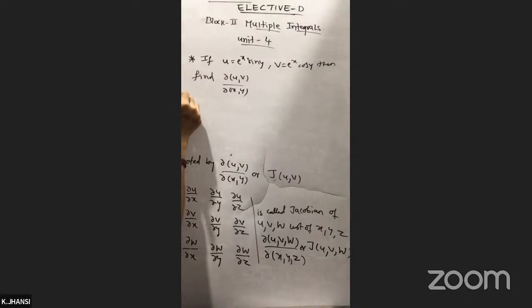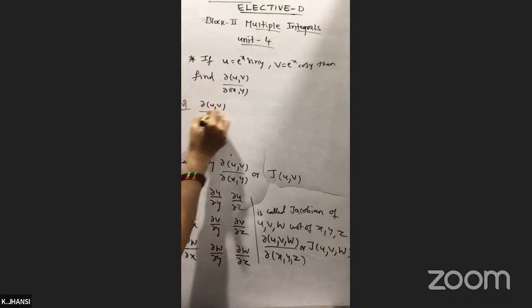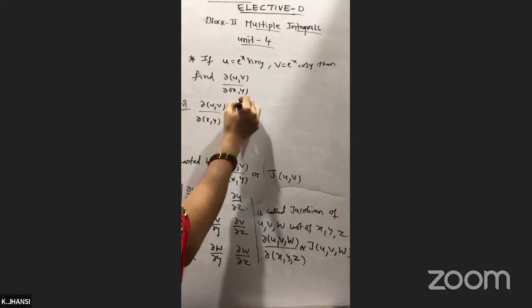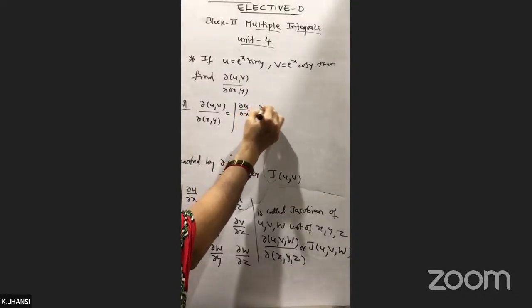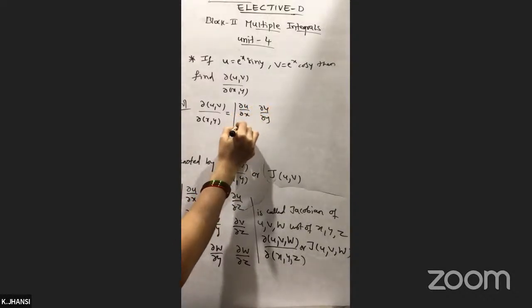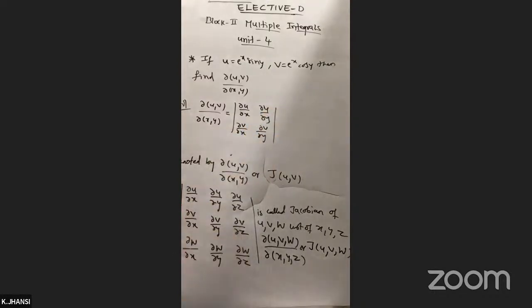Okay. So here u and v values are given. We know that dou of u comma v by dou of x comma y is equal to dou u by dou x, dou u by dou y, dou v by dou x, dou v by dou y. Okay, we know this formula.